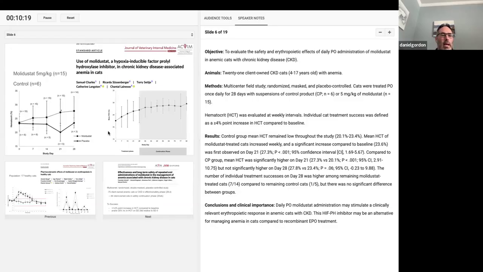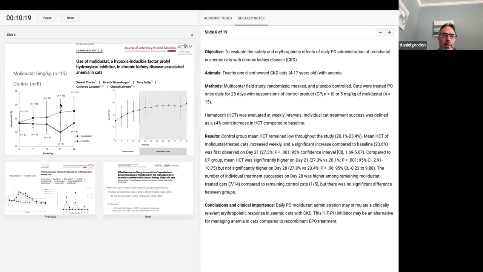And looking at the hematocrit data in this study, you can see that the molidustat group had a significant increase in their hematocrit at that 21-day mark compared to the placebo group.